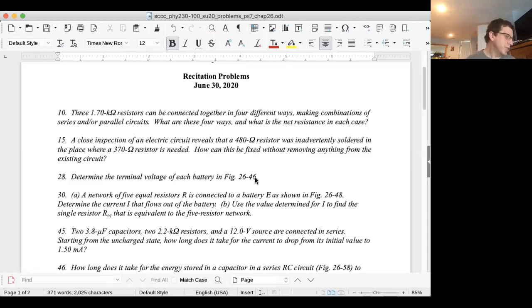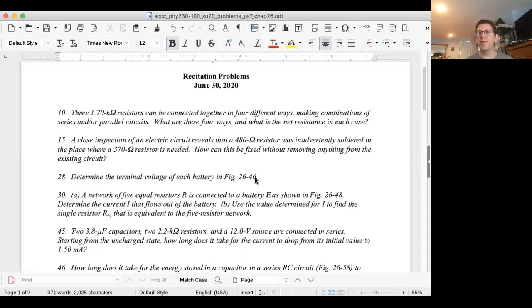Then we get to problem 28, and this is a Kirchhoff's rules problem. You're asked to determine the terminal voltage of each battery in figure 26-46. So if you look at the problem, there are 2 power sources. There are 2 batteries. They each have an internal resistance, and you want to figure out what the terminal voltage is.